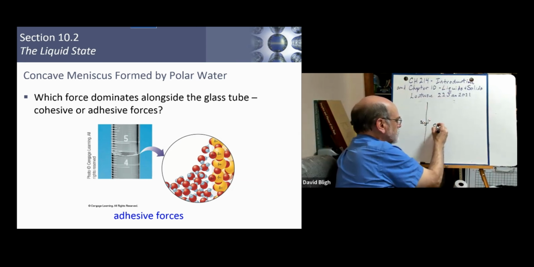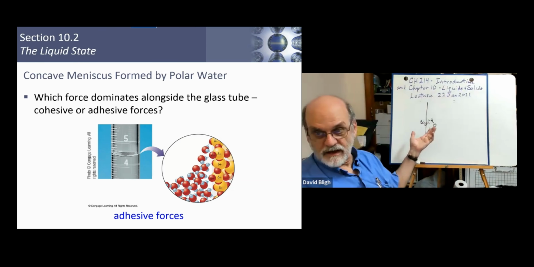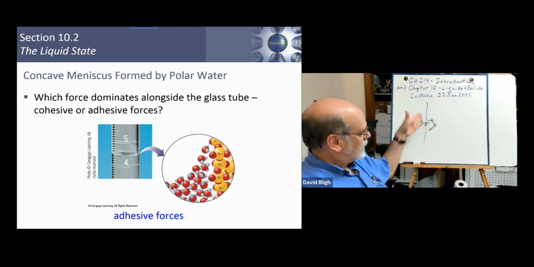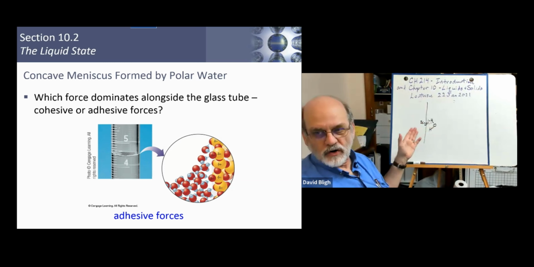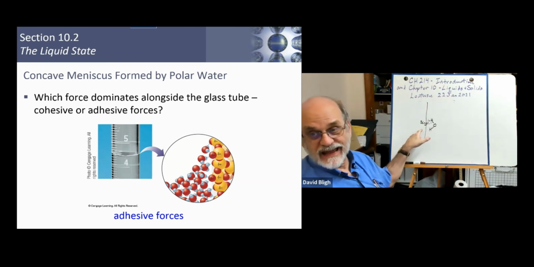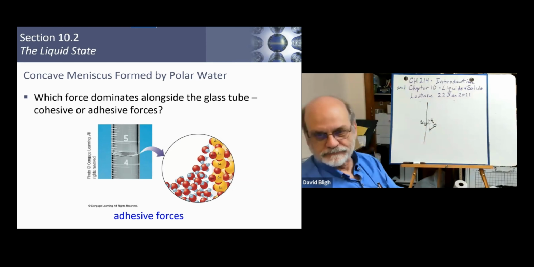So here's your water, attracting the water molecule. And combined on the surface, you get a stronger adhesive attraction between the water and the surface of the glass than you do between water molecules inside.